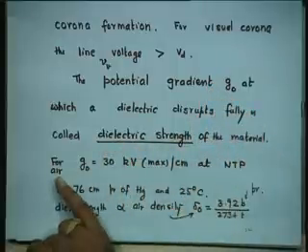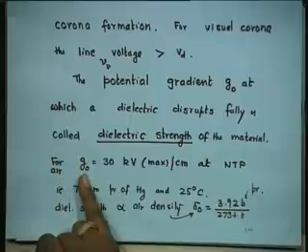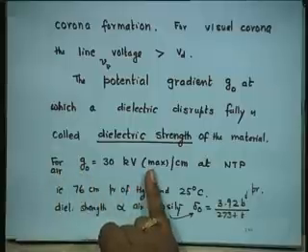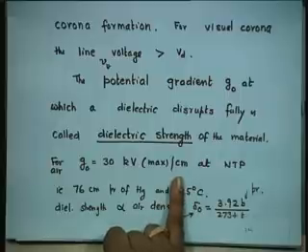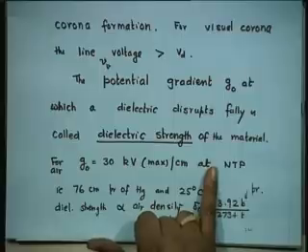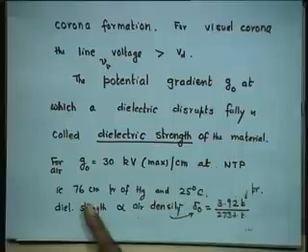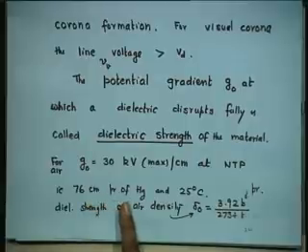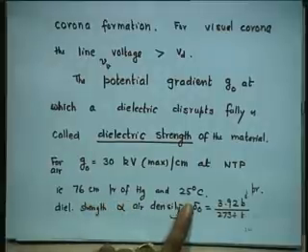What is the value? For air, such a value is 30 kV maximum peak per centimeter at NTP, normal temperature and pressure. The pressure is 76 centimeter of mercury at 25 degrees centigrade.